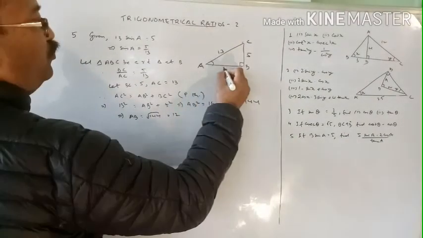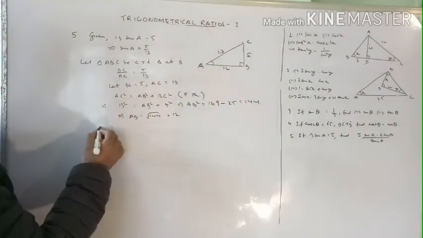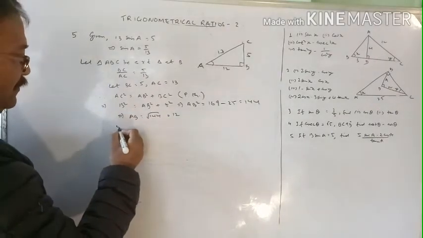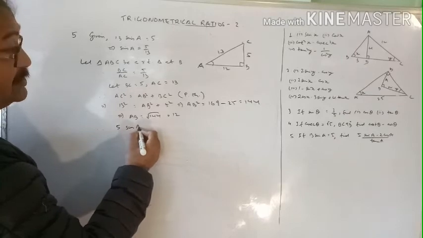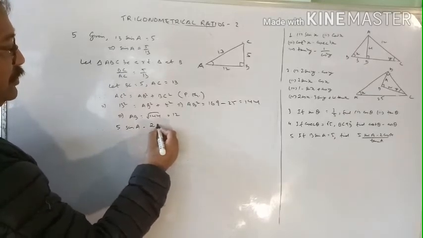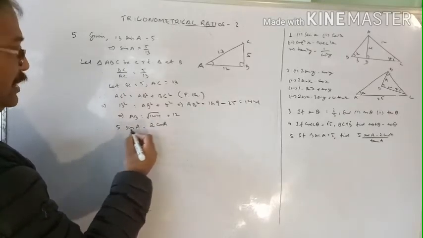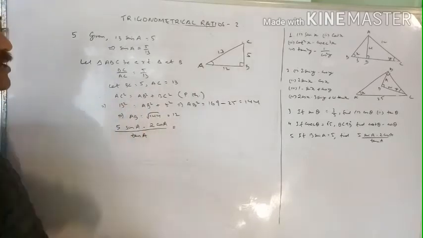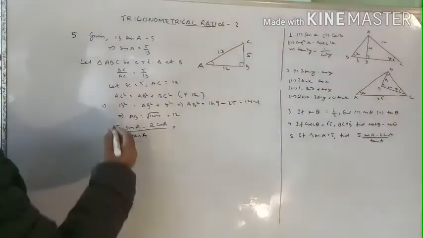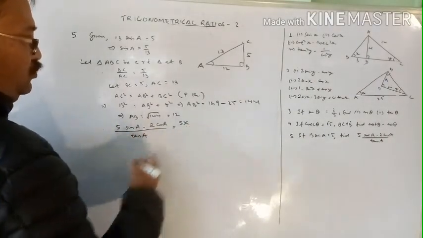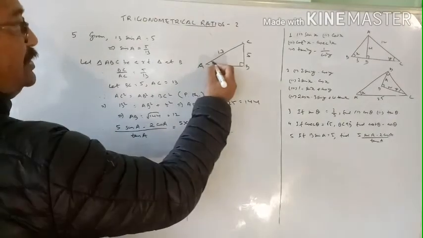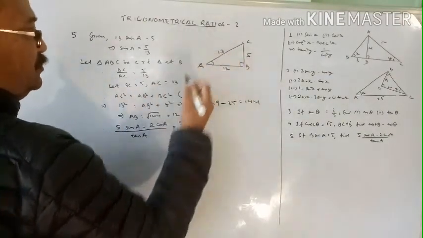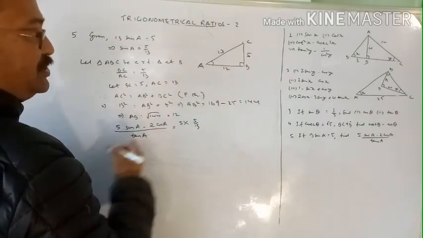So now we know all three sides. So we take the question now. We have to find the value of 5 sin A minus 2 cos A whole upon tan A. So 5 into sin A, the angle is here, so sin means P by H, so 5 by 13.